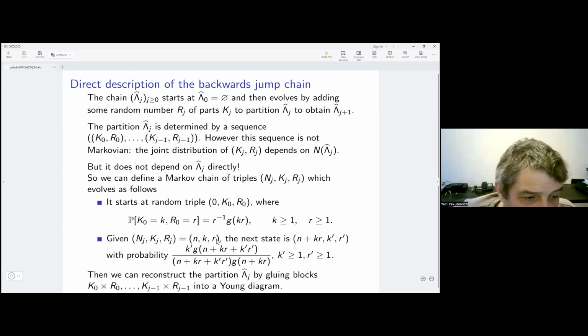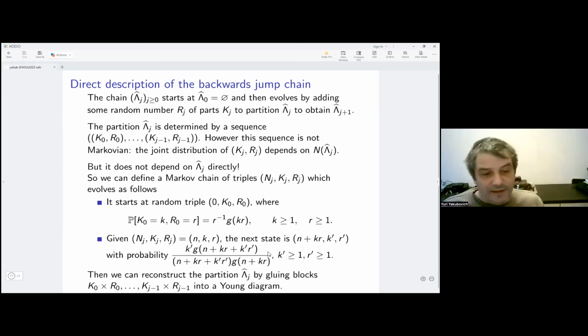And if on some step we have some triple N, K, R, then the first coordinate behaves deterministically, we just add KR to the first argument, and the next two elements of the triple are random, and we know explicitly its distribution.